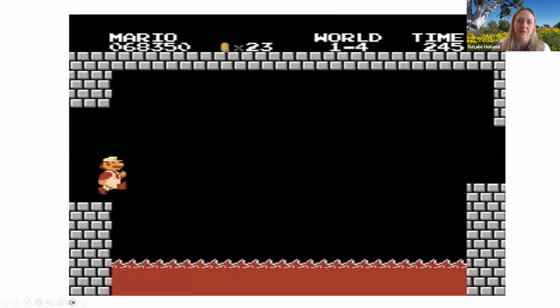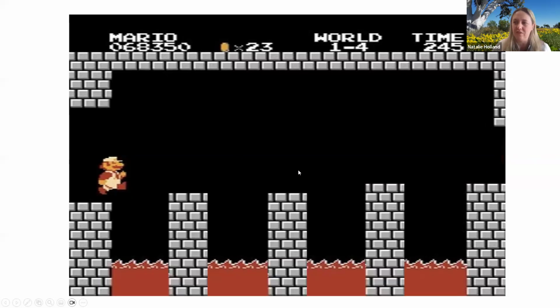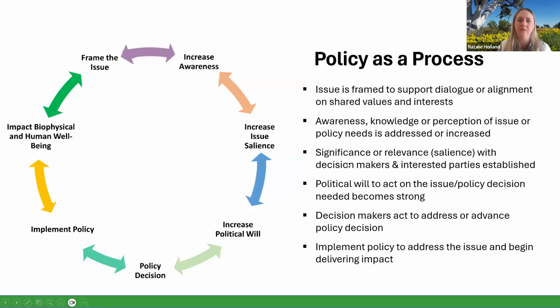The policy process model is really trying to break down the giant leap from where we are to where we're trying to get to into a series of smaller steps, and inform the development of intermediate results. So this is the policy process model.